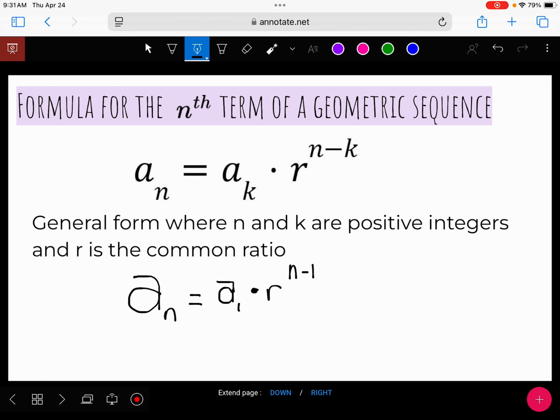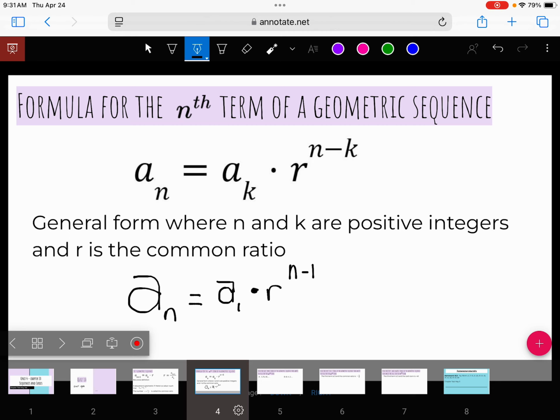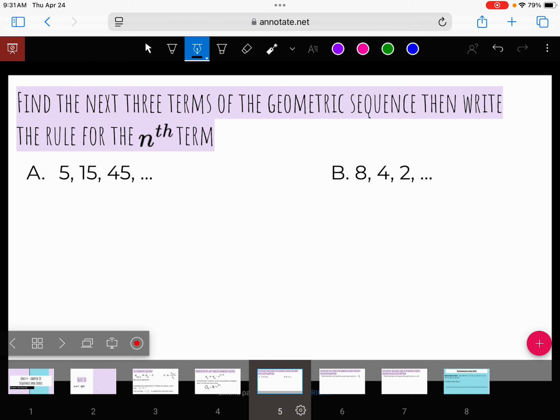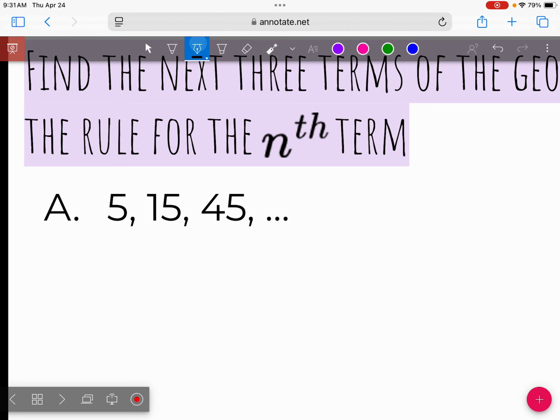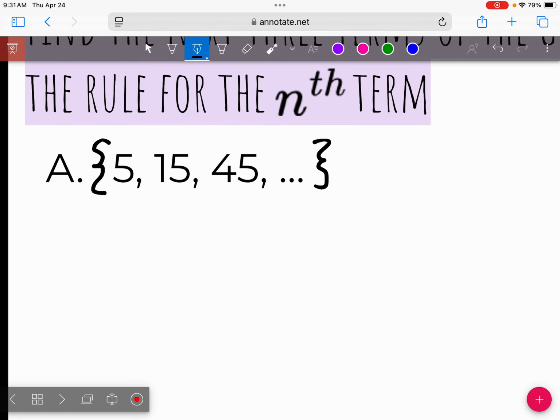So I'm going to give us a sequence, and we're going to find a couple more terms. I'm giving us two sequences here. We've got 5, 15, 45 is how it starts. It's glitching on me, because it should have these guys. So if we have a sequence that's 5 and then 15 and then 45, what is happening between each of these pieces?